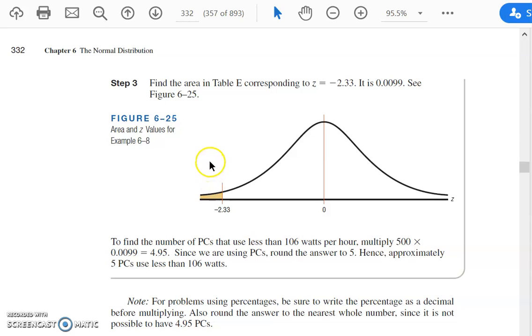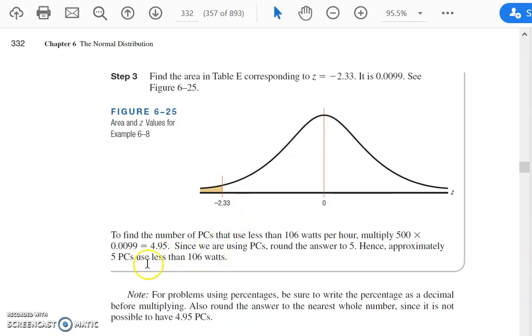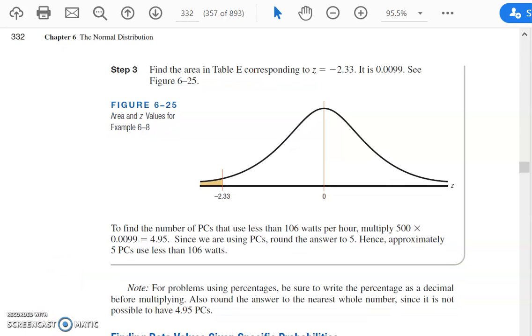Okay, there it is. So that's the probability, or the fraction that you expect. So it's 500 times 0.0099 gives me 4.95. So we round it up to 5. So approximately 5 PCs use less than 106 watts.